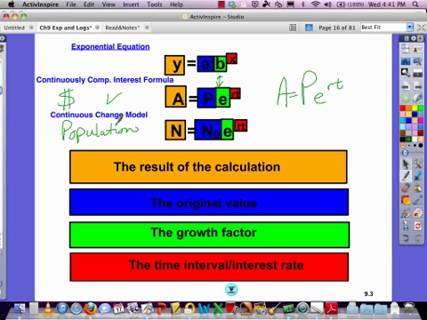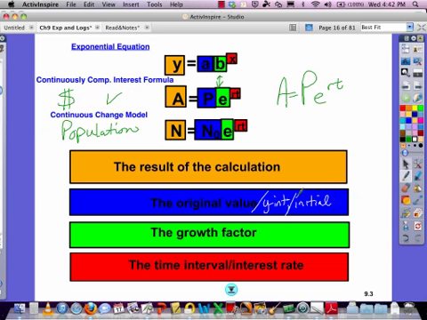The answers, depending on which formula you look at, are all in the same spot: the result of the calculation. Then you have your initial value, your y-intercept, we called it, and that's still there. We said original value, so initial value is the same thing.